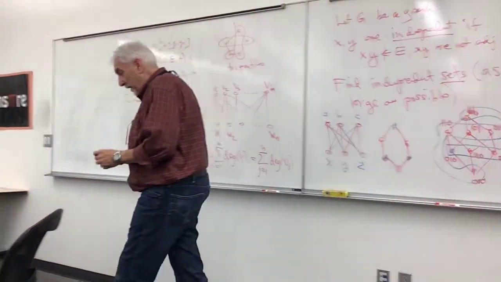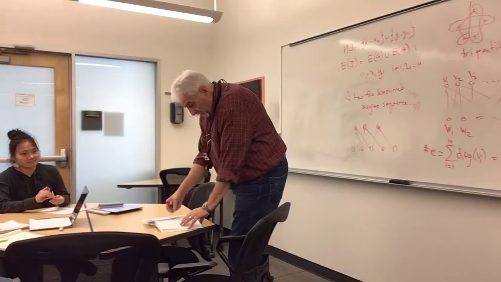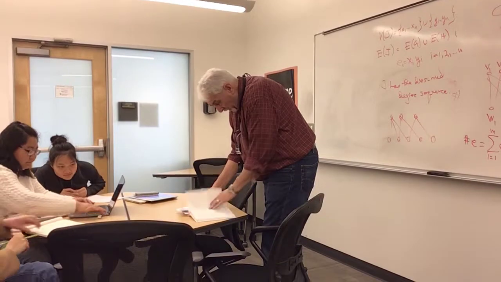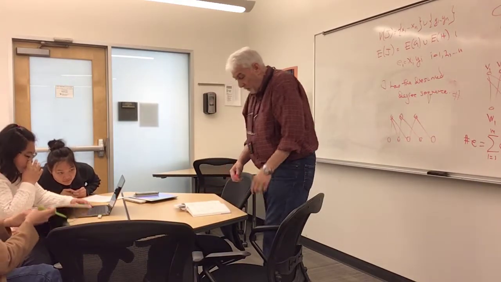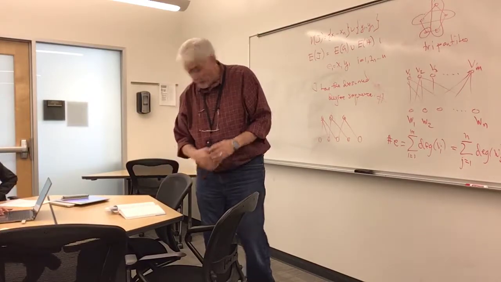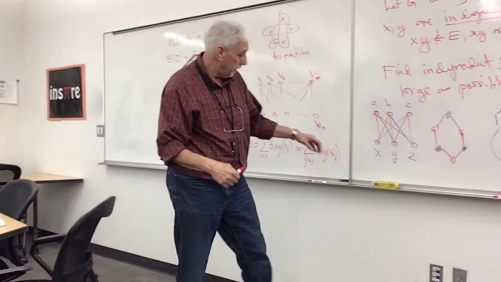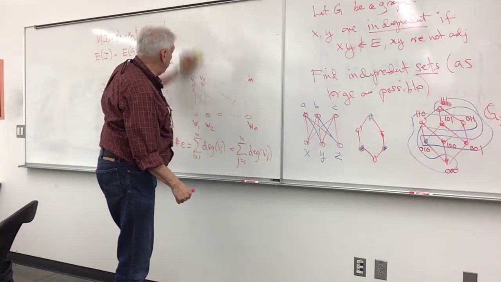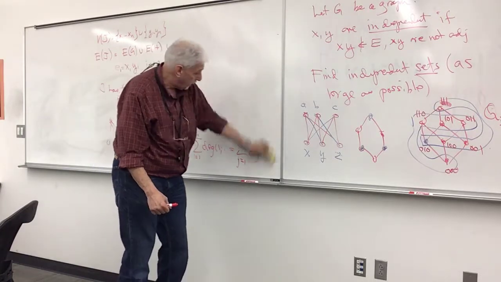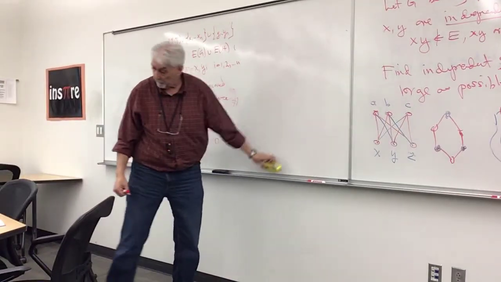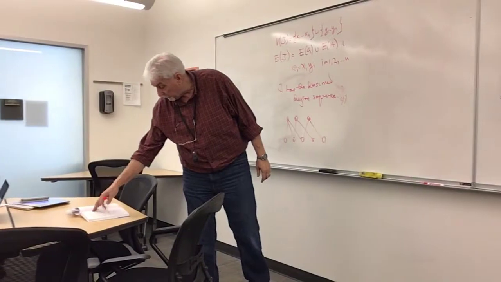All right, so let's go back to page 100. Here are 1, 2, 3, 4, 5 graphs, and I'm going to give you a 6th graph. It asks, determine whether each of these are bipartite graphs.